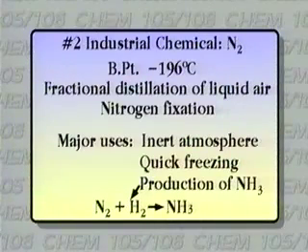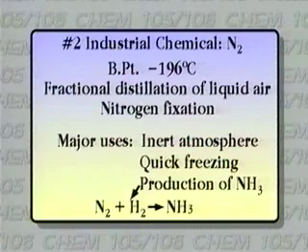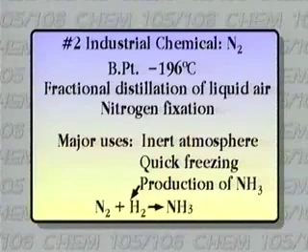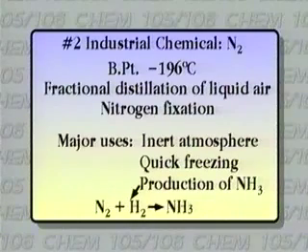The major uses of nitrogen are to provide an inert atmosphere. So if we're doing very sensitive welding, where we can't have any oxygen get into the weld and make it weak, we need to surround it by an inert atmosphere, and nitrogen is used for that.